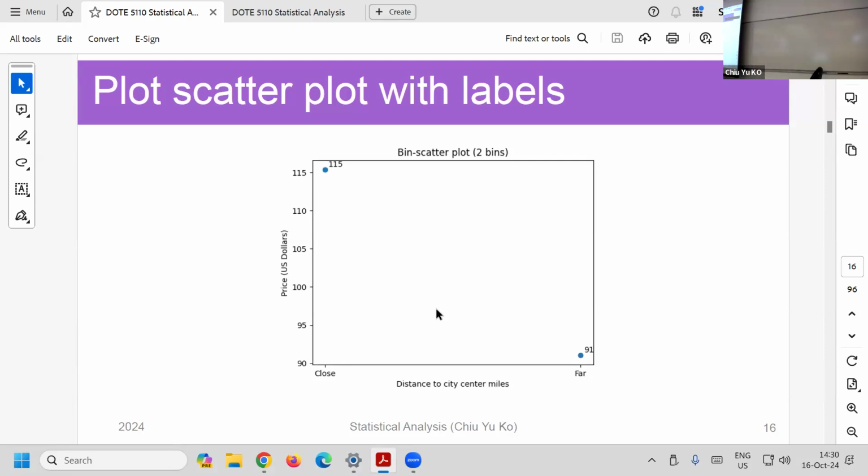Then we look at the average of the close group, which is 1.5. That is our model, as simple as we want. Because if you don't have this, the average of the price will be your model, which uses nothing. The simplest is to divide them into two groups.